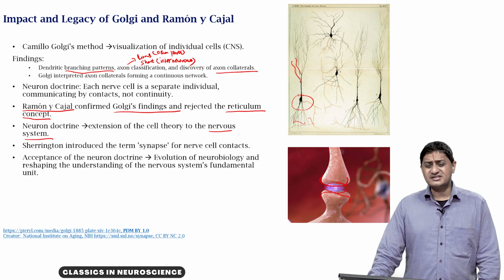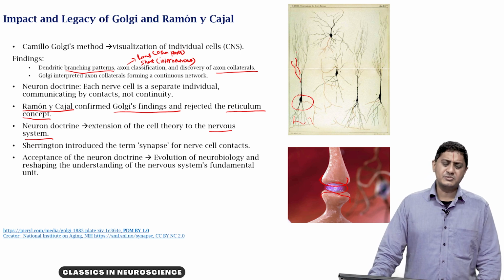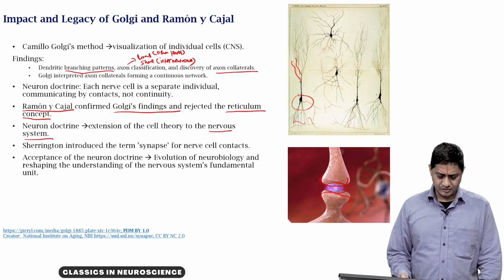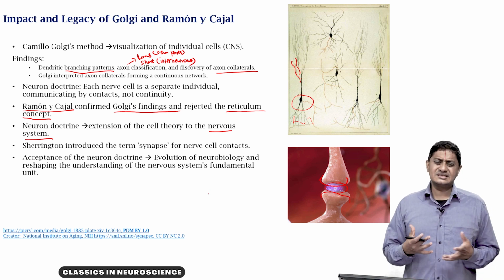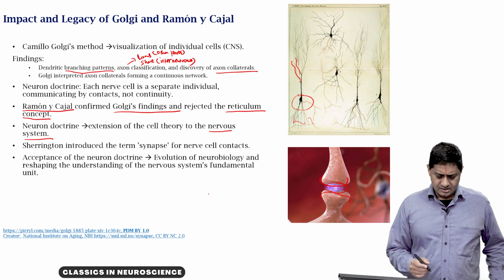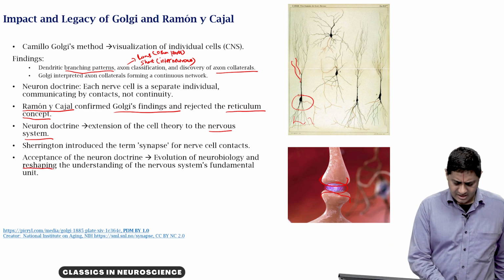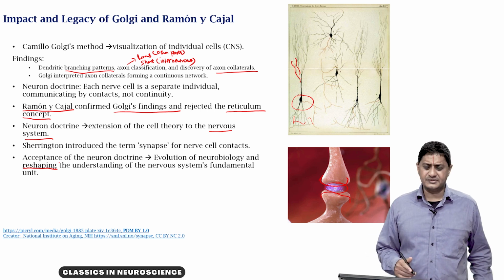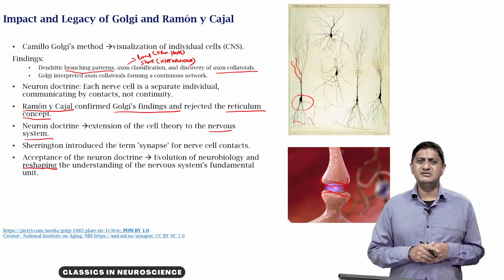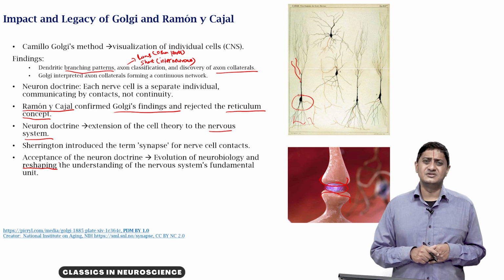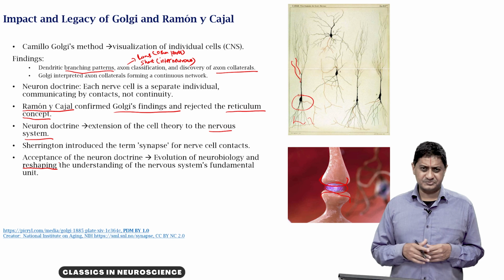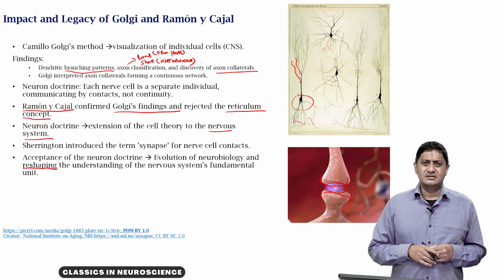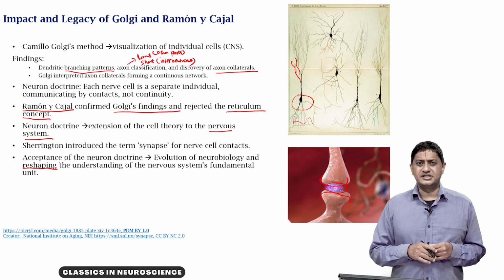So, first the neuron doctrine was supported by experimental evidence. The neuron doctrine came to be accepted first with the evolution of neurobiology, and this idea essentially reshaped the understanding of the nervous system and its fundamental unit. So, the most fundamental unit of the nervous system is a neuron, like you have an atom in physics, or you have a gene in genetics.